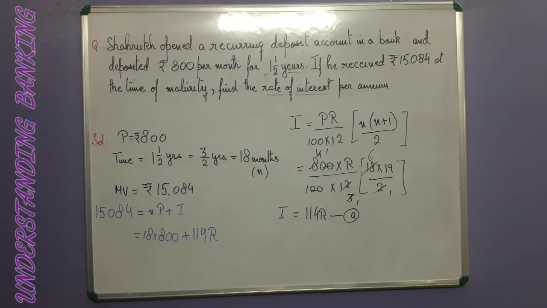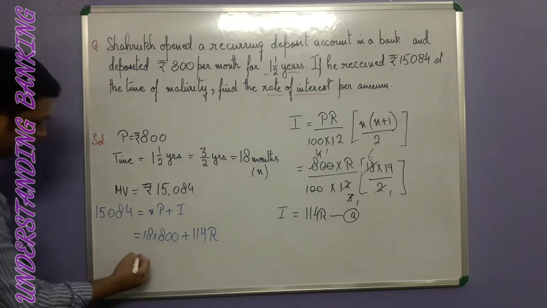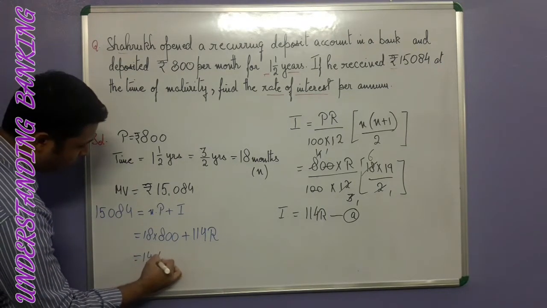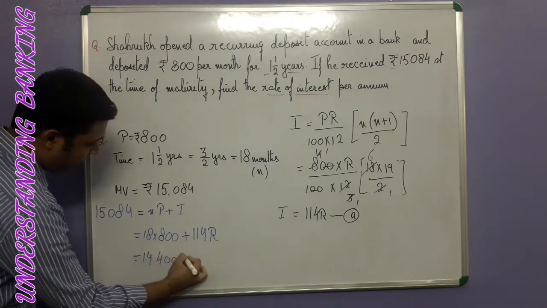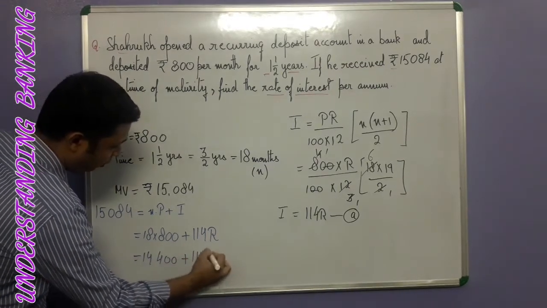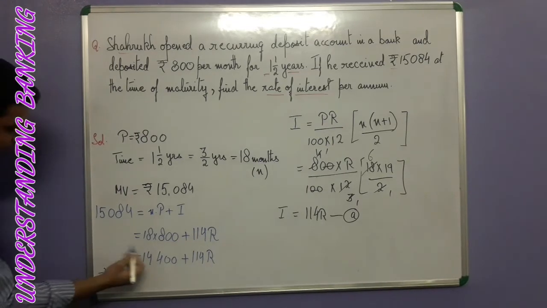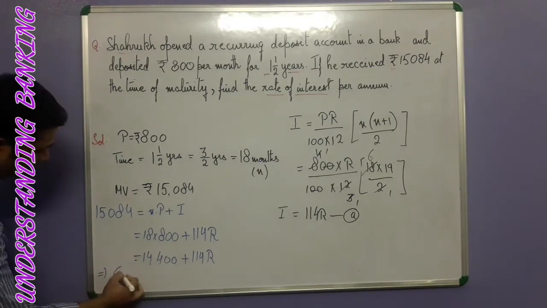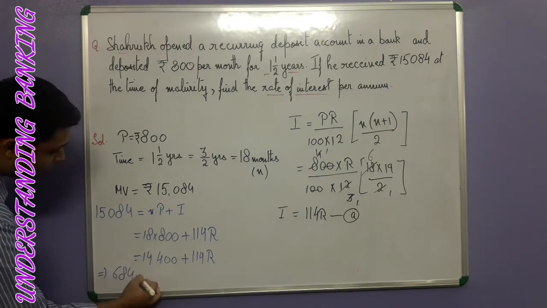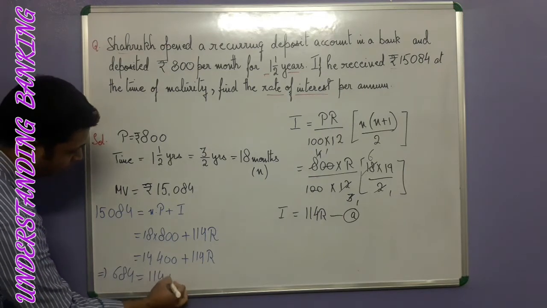When you calculate this you will get 14,400 plus 114 r. So you do the subtraction, and then you will get 684 is equal to 114 r.